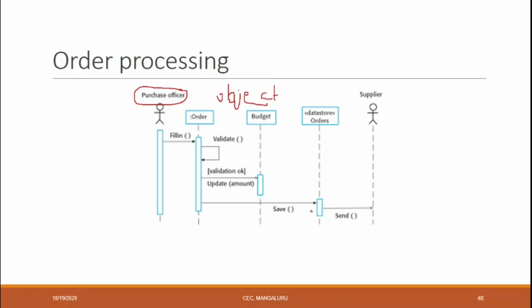Then on seeing the command or invoice sent from the data store order, the supplier will send the insulin to the purchaser officer. So this is a sequence diagram showing how the order process works.